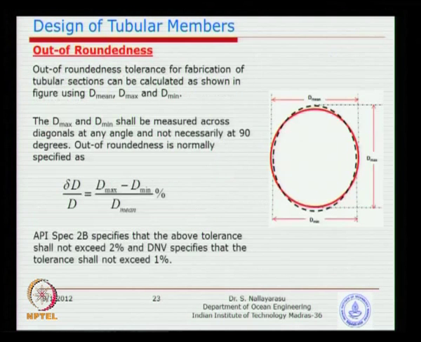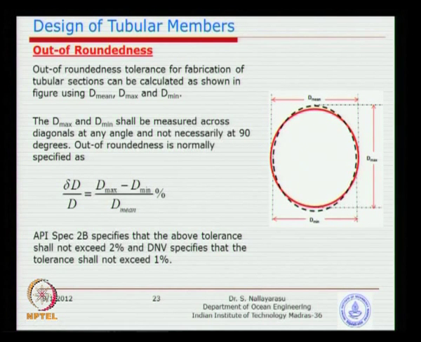So, this is on the length. The second thing is on the shape itself, the cross section. Instead of making a circle, if you make an ellipse, what will happen? Your section properties change, and your calculations become completely different. That is why we can allow certain percentages, but not more than that. Typically, API allows 2% deviation.